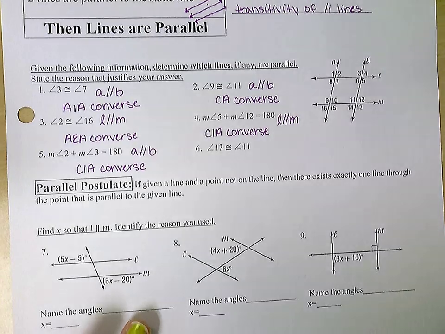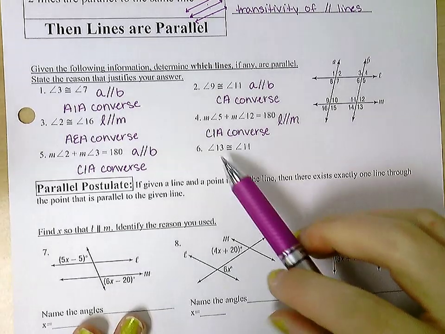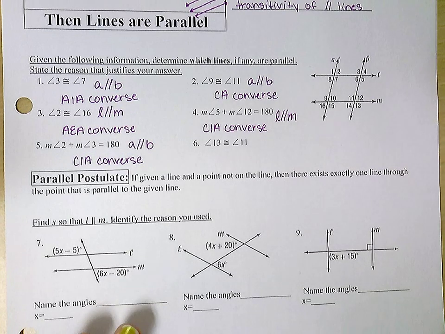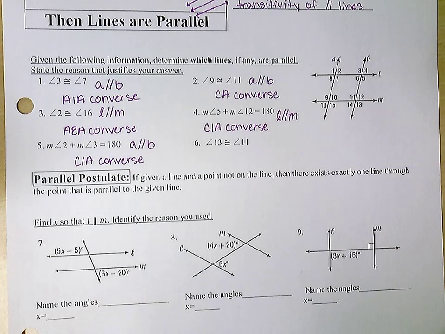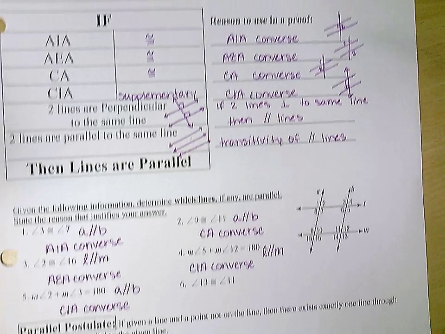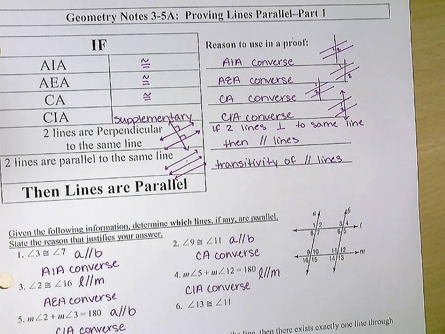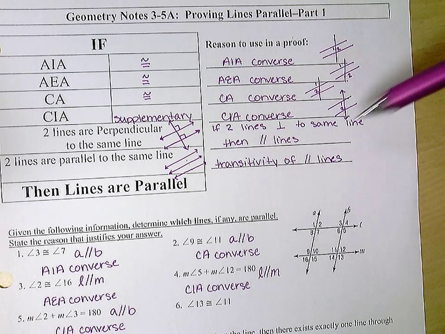Okay, last one, tripped a couple people up. Number 6, we have angle 13 and angle 11 are congruent. What type of angle pair are 13 and 11? Vertical angles. Do I have a reason to use in a proof to show lines are parallel with vertical angles? Do I have any vertical angles here?